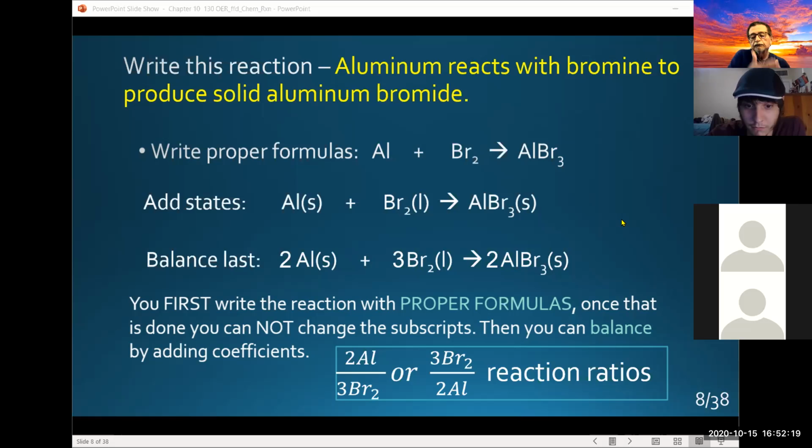And I kept overemphasizing the units, follow the units, because here, once we balance a chemical reaction, we have a ratio. That ratio, for example, is 2 aluminum to 3 bromines. So I can write it like the first one I've written there, or I can invert it, 3 bromines on top to 2 aluminums. And which one I need depends on the question that I'm researching.